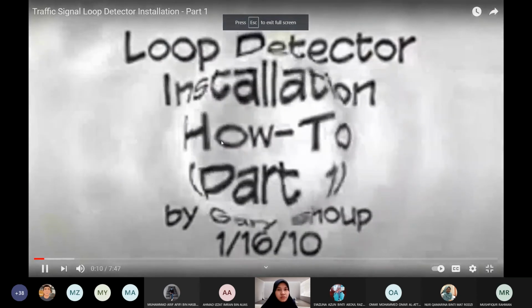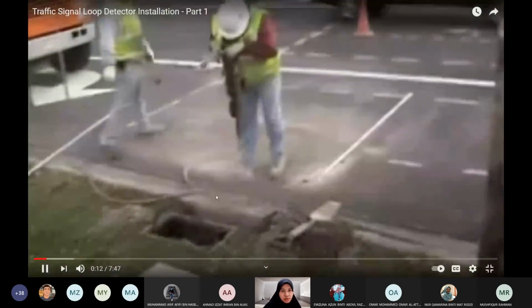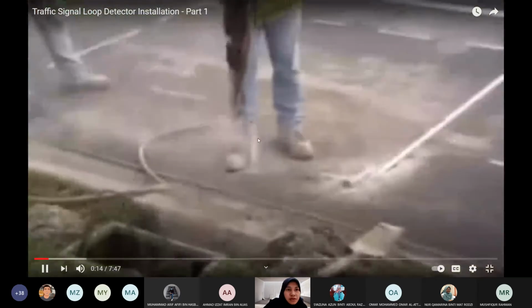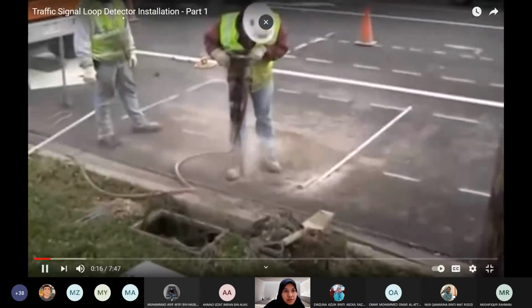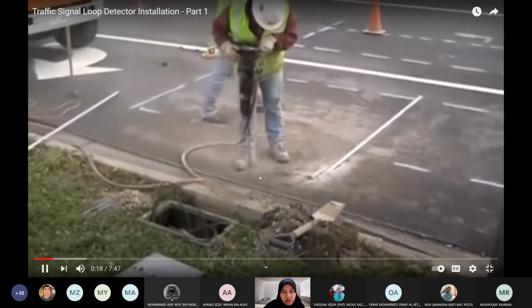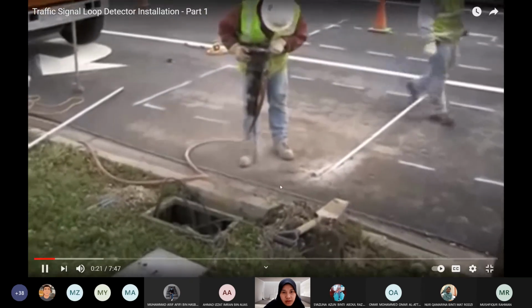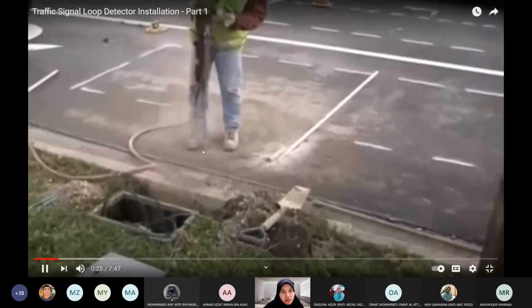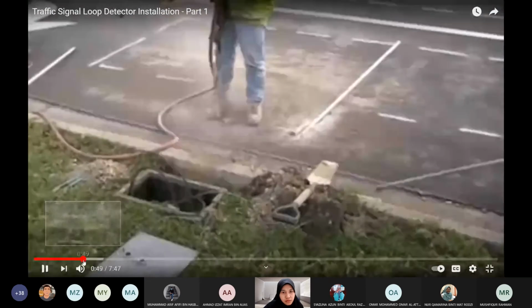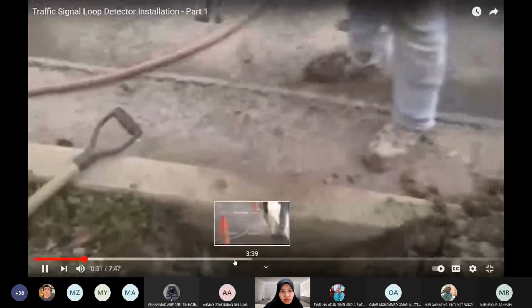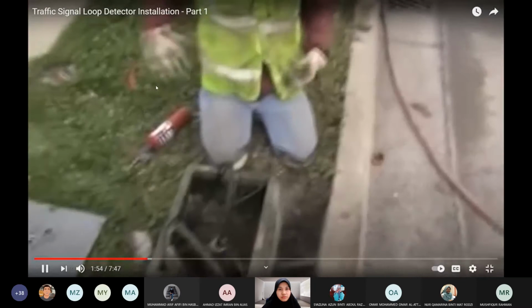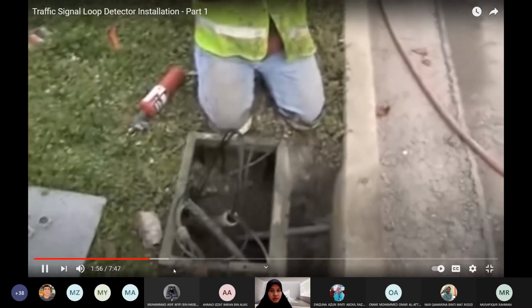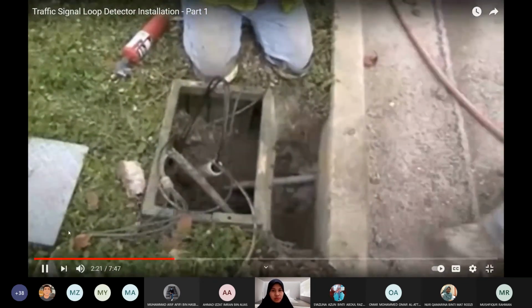Loop detector installation. So this is how the loop detector is installed underground on the road. Circuit for induction loop.